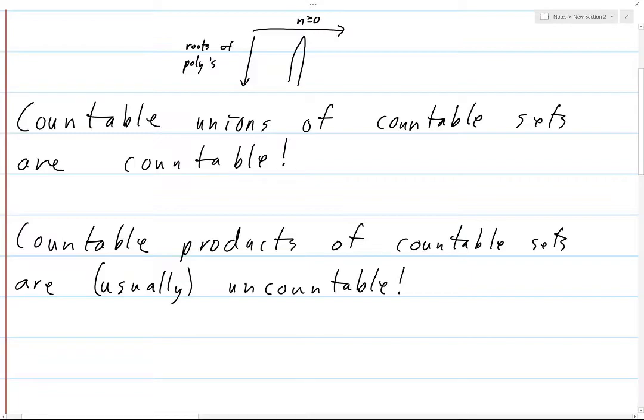The only time it won't be would be if, when you say a countable set, that could mean a finite set, and it could also be a set with one element.